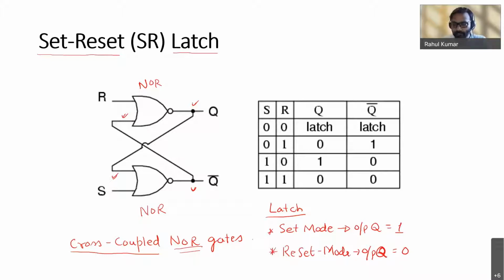In this SR latch you have two inputs, S and R, and two outputs, Q and Q dash. Output Q is the output that we are monitoring, and Q dash is the complement of Q output.